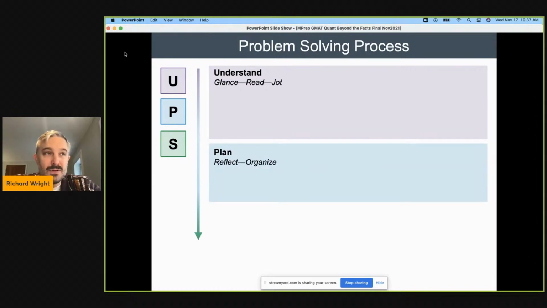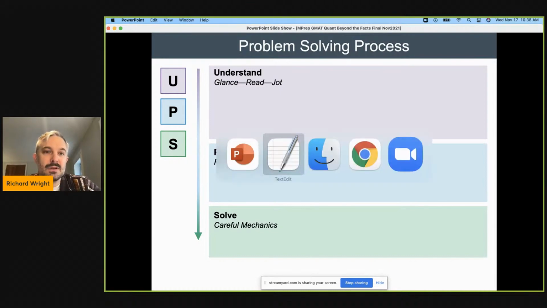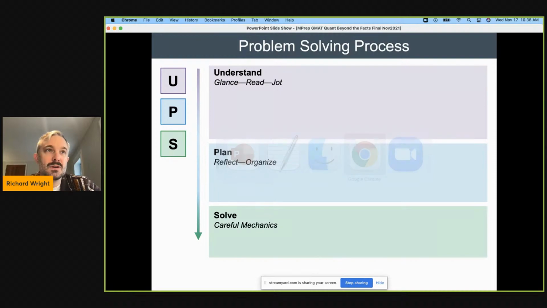Once you've done that, once you have a sense of what the moving pieces of this problem are, you want to plan. What is the optimal approach to this problem, given the kind of information I see in front of me? And only after you've taken the time to plan do you actually want to start solving it, right? One of the biggest mistakes we see on the quant section, one of the most consistent mistakes we see students making, is that they jump directly to step number 3. They just jump immediately to solving the problem.